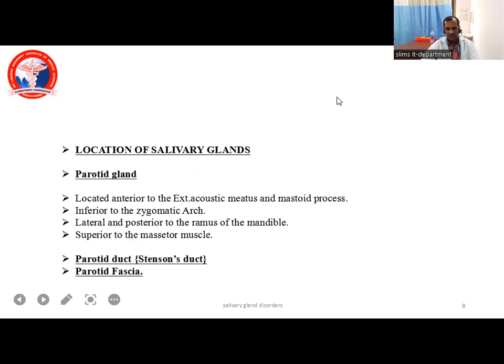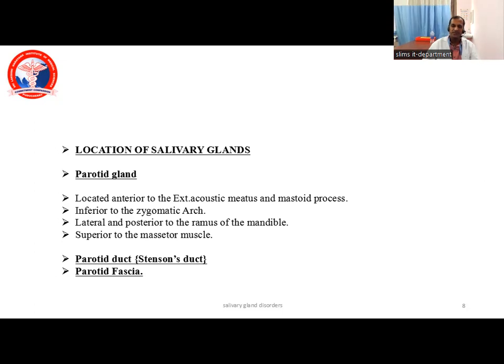And the location, okay, the parotid gland is located anterior to the external auditory meatus and the mastoid process, that is in front of your ear. That is the position of your parotid gland. Inferior to the zygomatic arch. Lateral and posterior to the ramus of the mandible. And superior to the masseter muscle.